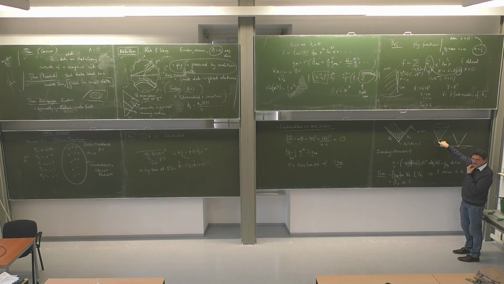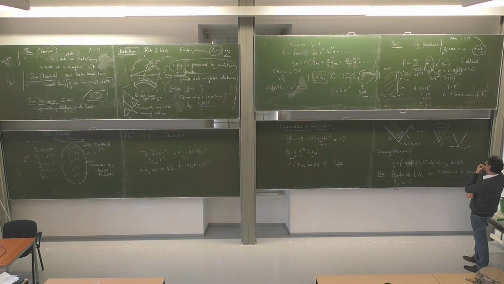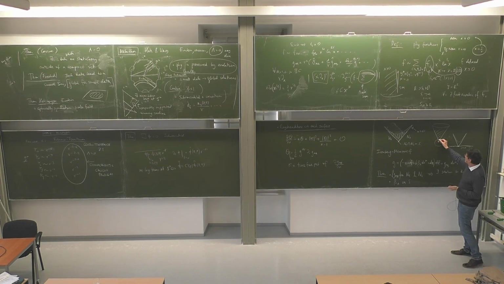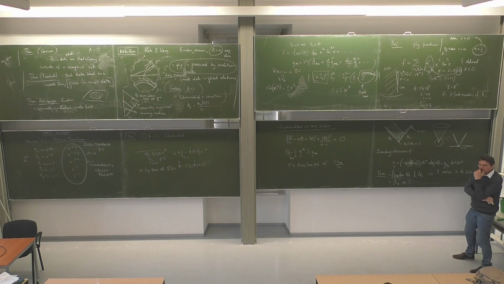And if the data are close to Minkowskian, I don't think it's written down anyway, but you're going to get a global solution in the future. I think it's likely.